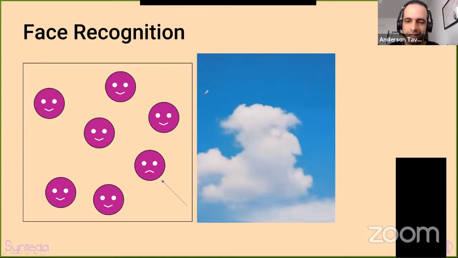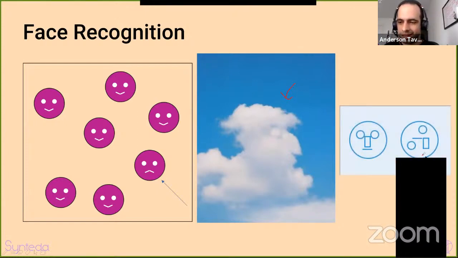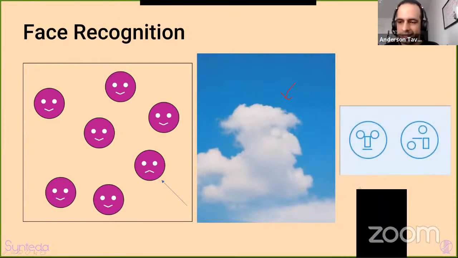We can detect faces even on things that do not have a face. Even babies look more at the face on the left instead of this possible face on the right. So it means that we are almost hard-coded to detect faces, but it can also be learned.